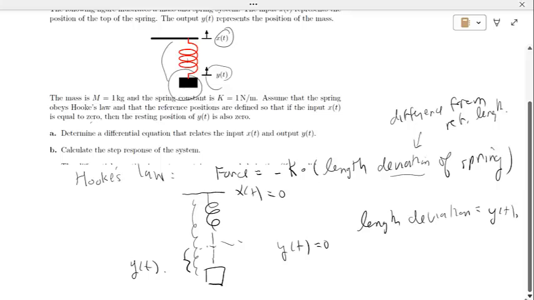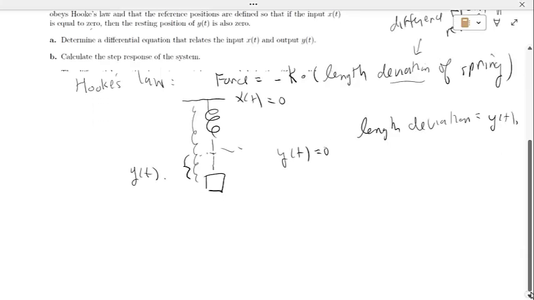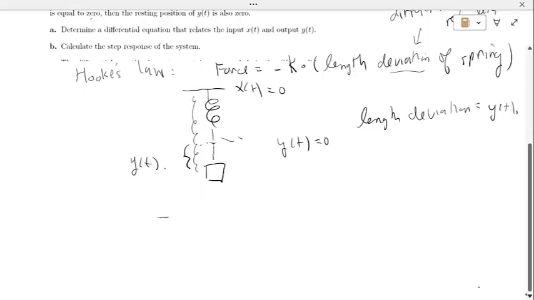Now, if I move x of t also, let's do a more general picture. Suppose I move x of t as well. Here's my reference position, x of t equals 0. Here's my reference position, y of t equals 0. And then I move my x up to here, so let me call that x of t prime. And then suppose my y of t prime is something down here.